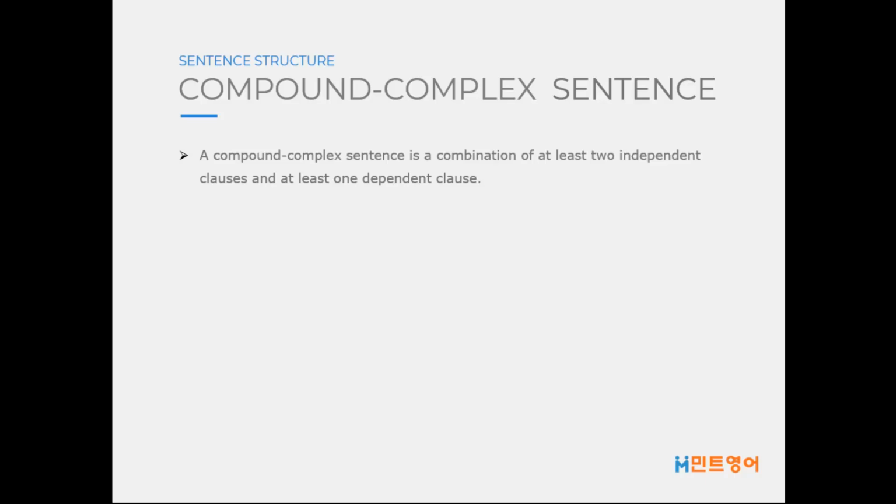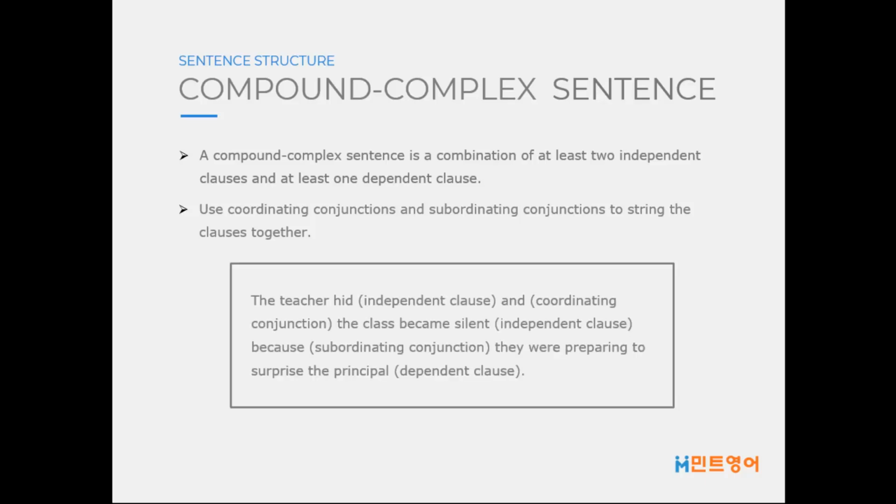In compound complex sentences, we can use coordinating conjunctions and subordinating conjunctions to string the clauses together. This example contains two independent clauses, one subordinating conjunction, one coordinating conjunction, and one dependent clause.